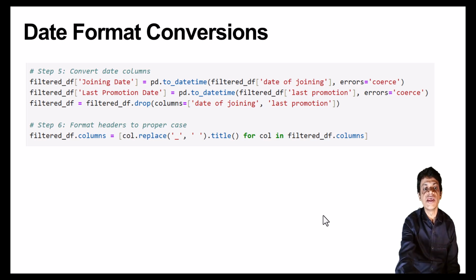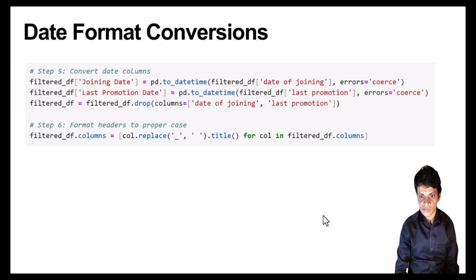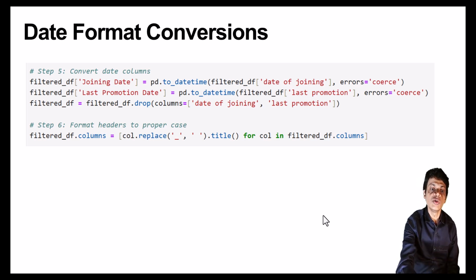I'm creating a new column joining date, and at that time automatically converting to date and time format. So the date of joining column will be converted to date and time format and then updated to a new column called joining date. Same way I did for the last promotion. So it will create a new joining date and last promotion date.